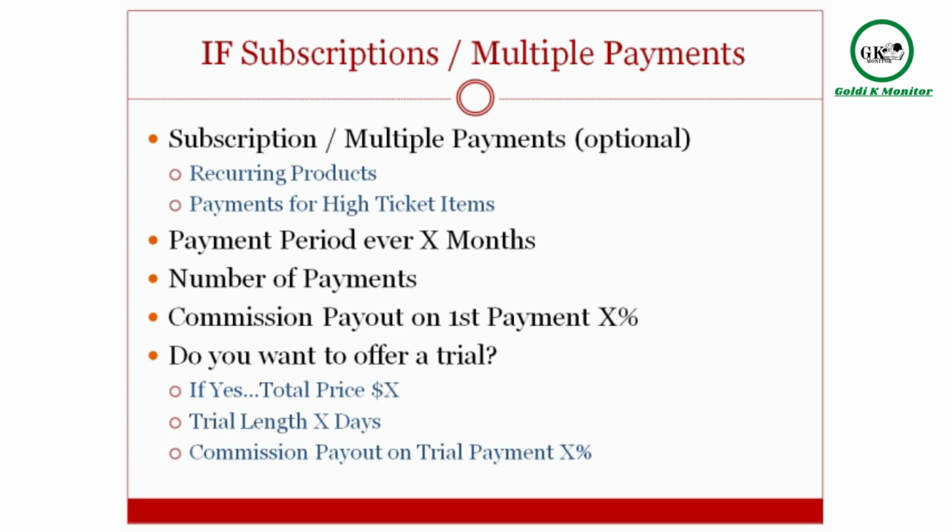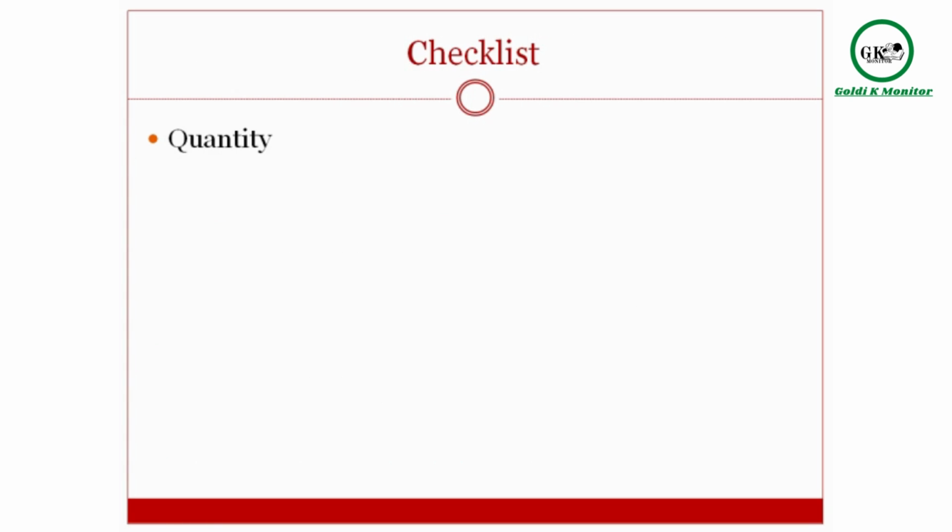And of course, you have the commission payout on the trial payment, and you can put the percentage right there. Then you'll want to know the quantity. If you're dealing with intangible products, then you may not need a quantity, but let's say, for example, that you're only offering 50 copies of that one specific product, then you can put quantity there.